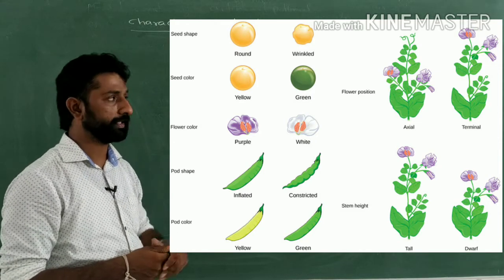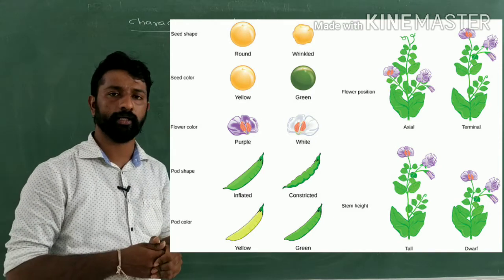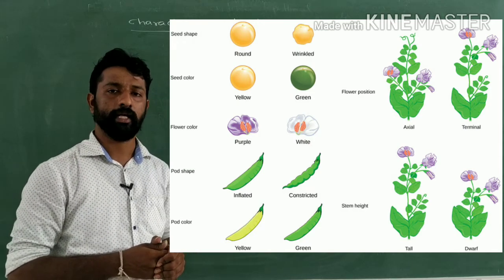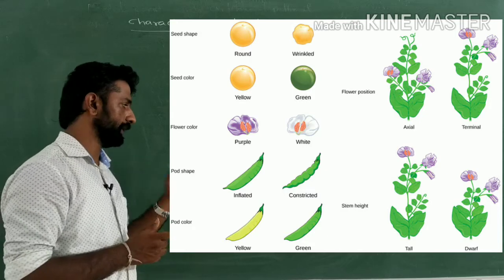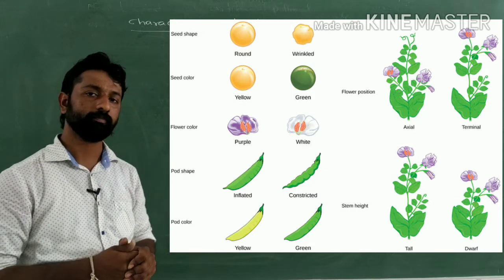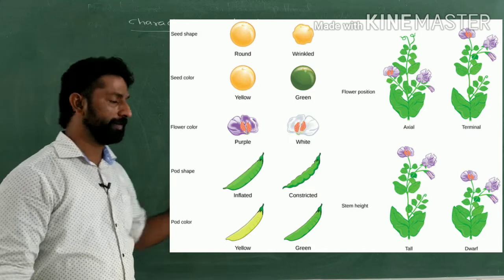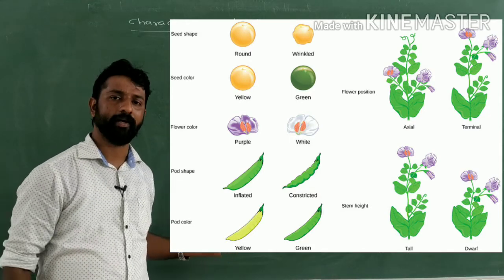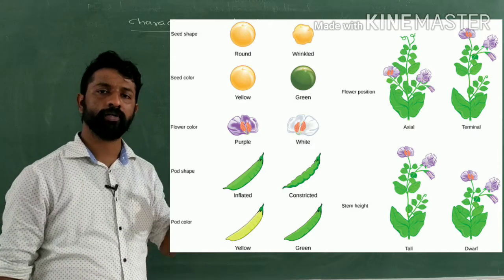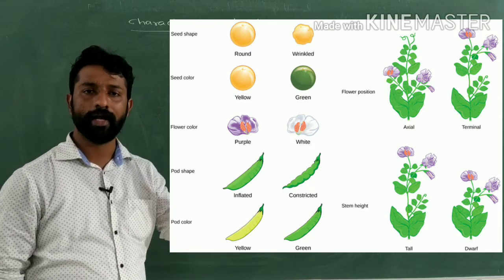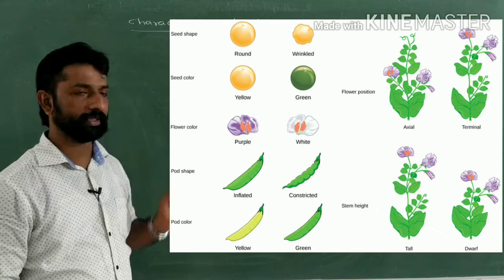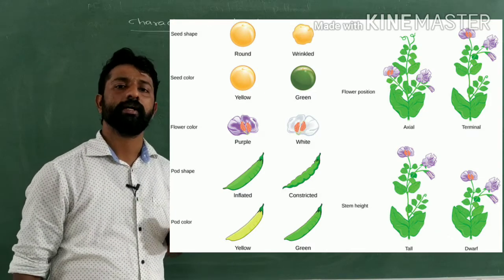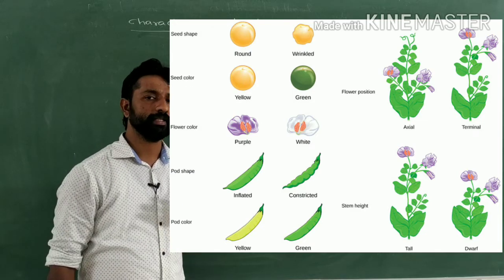And if it is produced at the terminal point or the apex of the plant, then it is a recessive trait of the character called flower position. Lastly, the stem height. Here the stem height is the character, and we already know its alternating traits are the tall and dwarfness. Tall is the dominant trait for the stem height, and dwarf is the recessive trait for the stem height.